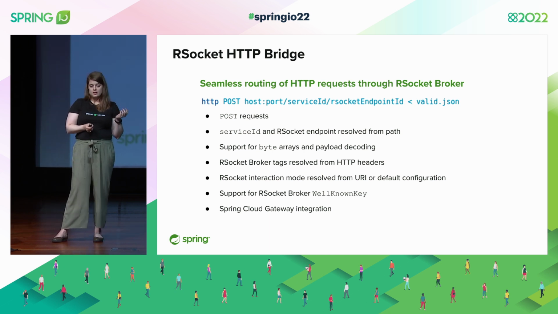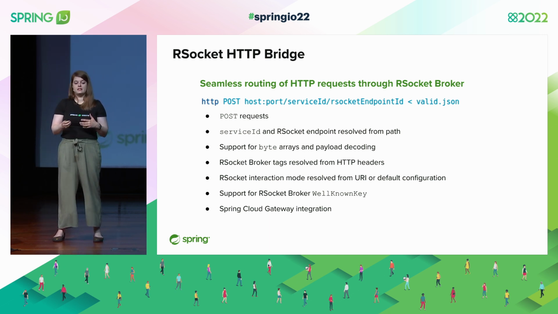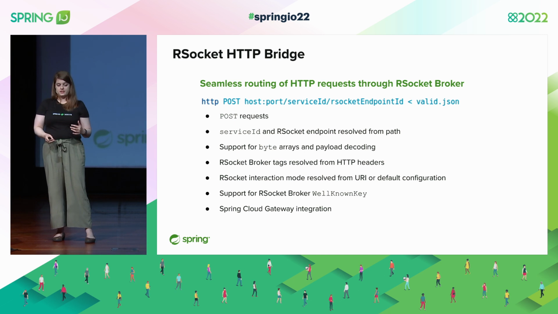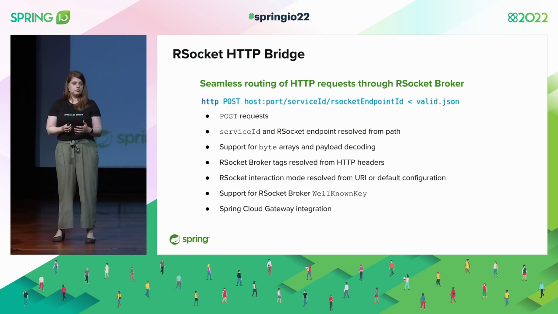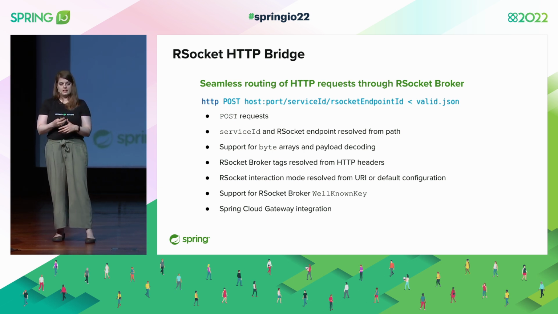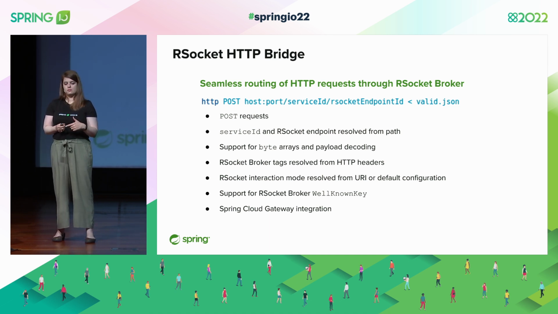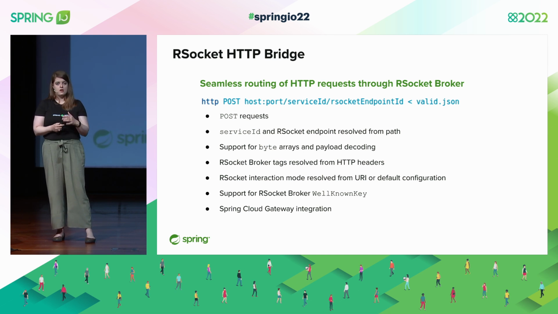So we have thought of a solution to provide this kind of seamless routing of HTTP requests through the RSocket broker to RSocket services. And that would work with a simple POST. And this is already available also. It's called RSocket HTTP Bridge. It is available under the RSocket broker org, and we will also see it all in the demo.